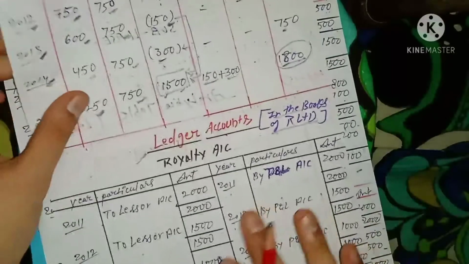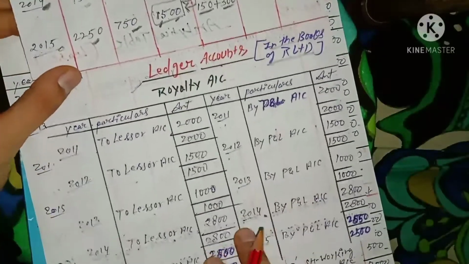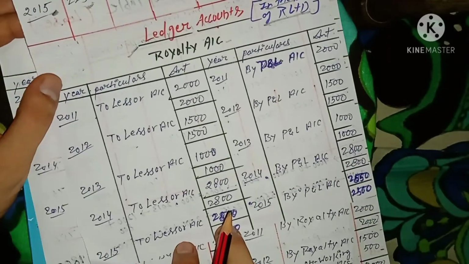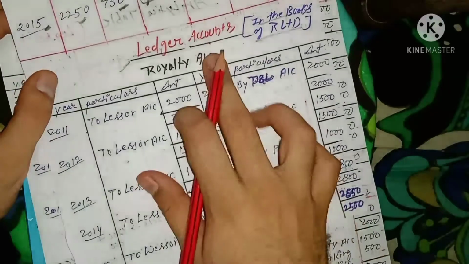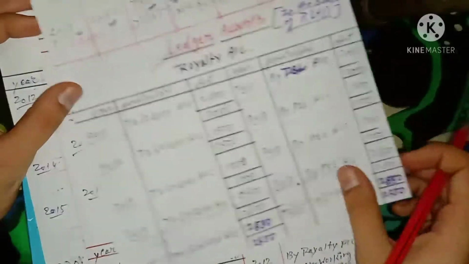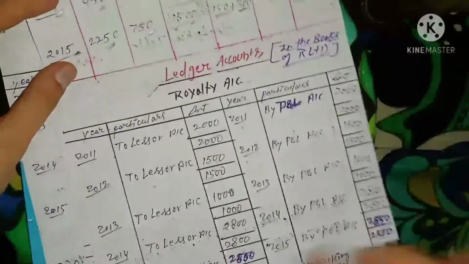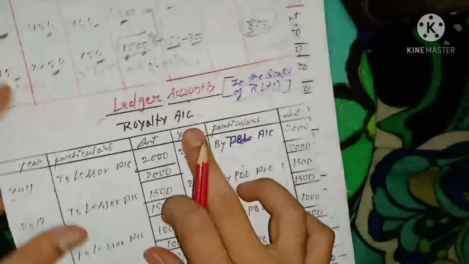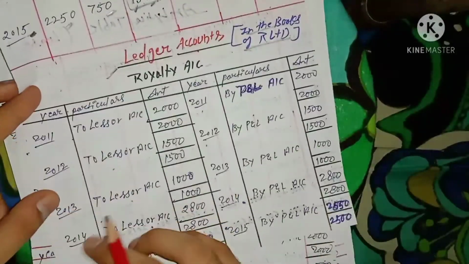the lessor account. When you see my previous video on how to pass journal entries, you will also know how to prepare the royalty account. You simply have to transfer the journal entries to the account, and you can do it because you have been doing that since 11th class. Here you can see the royalty account prepared for the years 2011, 12, 13, 14 and 15.